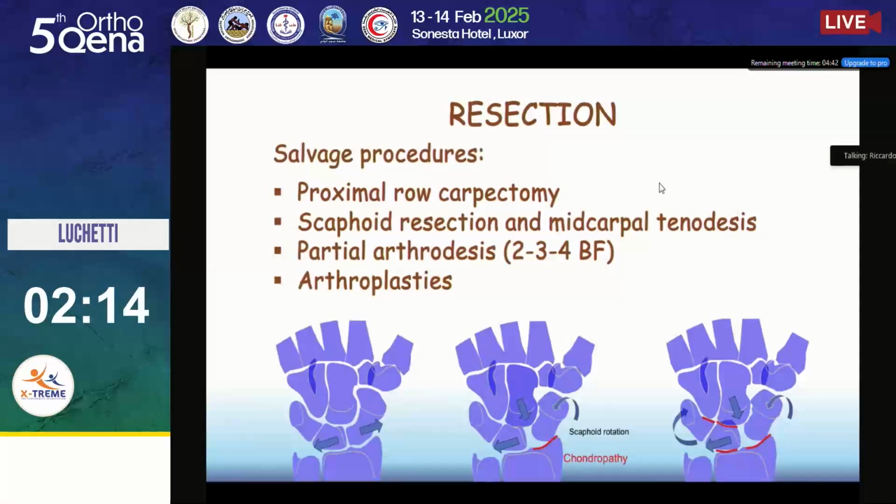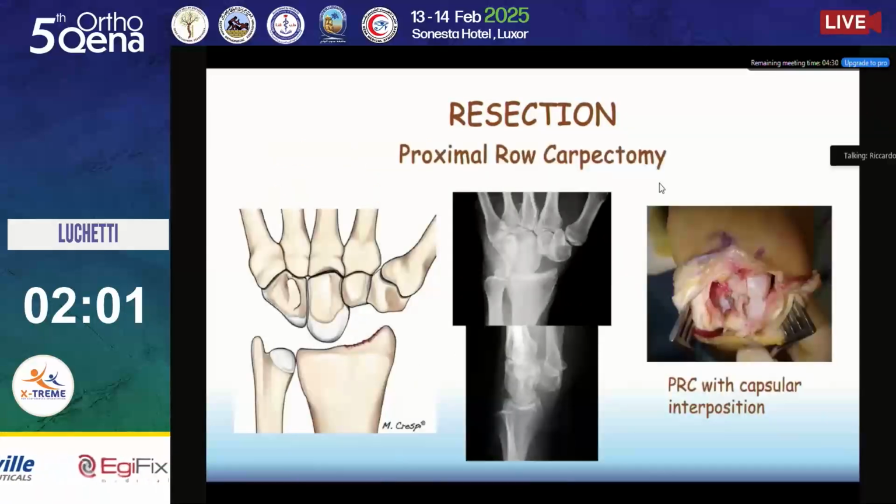You can use the salvage procedures in this condition, like proximal row carpectomy, scaphoid resection and midcarpal tenodesis proposed by Eros Palau, partial arthrodesis, 2, 3, 4 bone fusion, or arthroplasty, or completely arthroscopy.